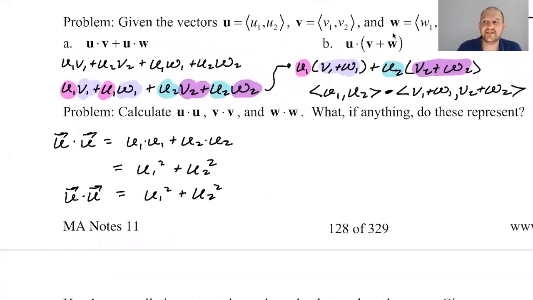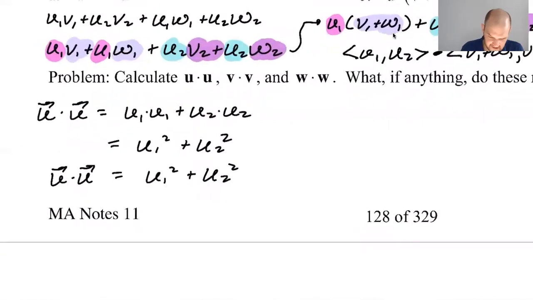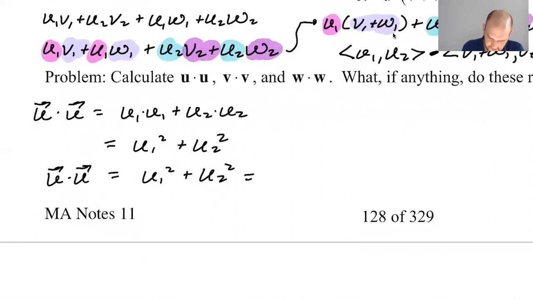Where have you seen that before? You've seen it somewhere, something to do with vectors, maybe not by itself. Maybe it was on top of something, underneath, who knows, right? The place where you saw that is the magnitude of u is the square root of u1 squared plus u2 squared. So this is equal to the magnitude of u, but squared.